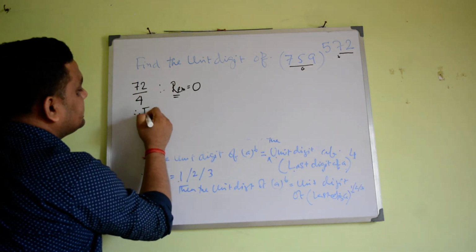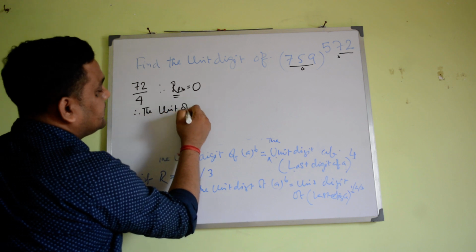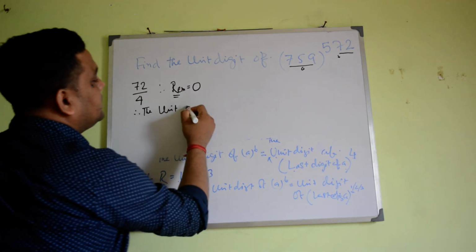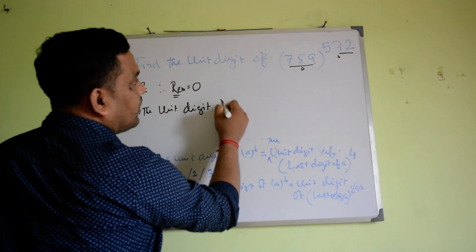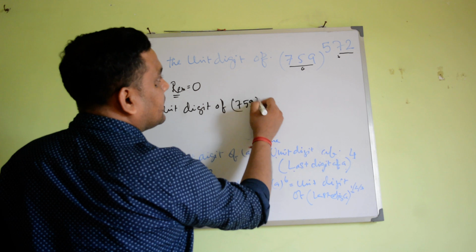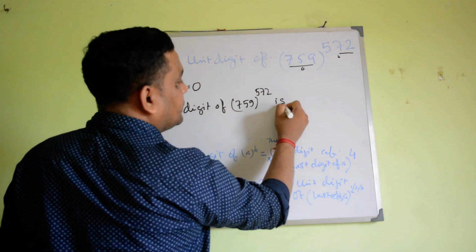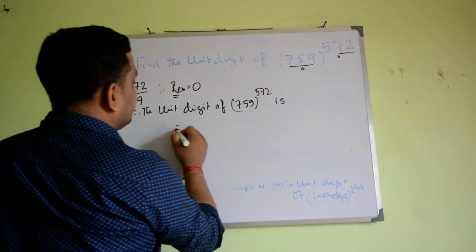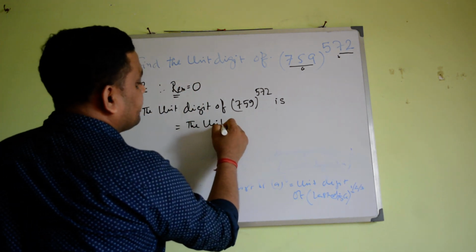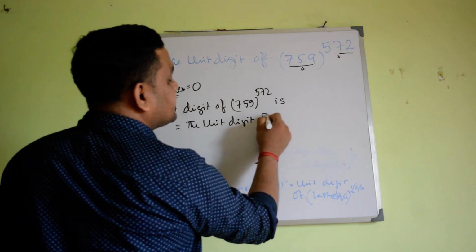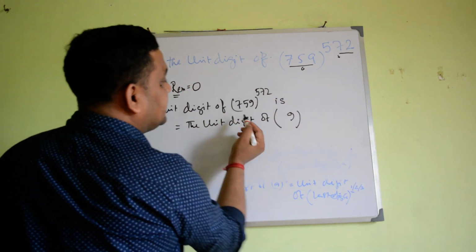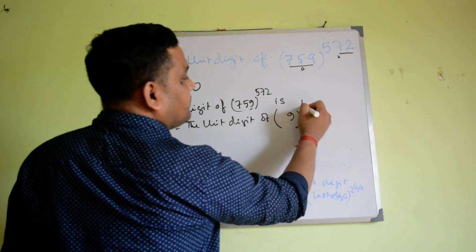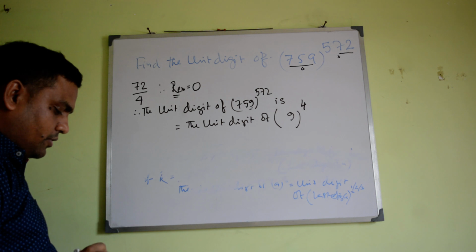Therefore the unit digit of 759 to the power 572 is equal to the unit digit of the last digit of a, which is 9 here, to the power 4, since the remainder is 0.